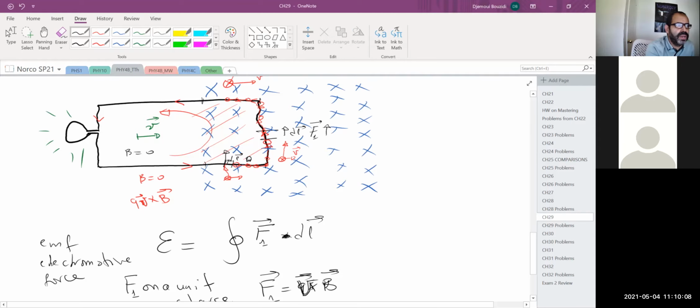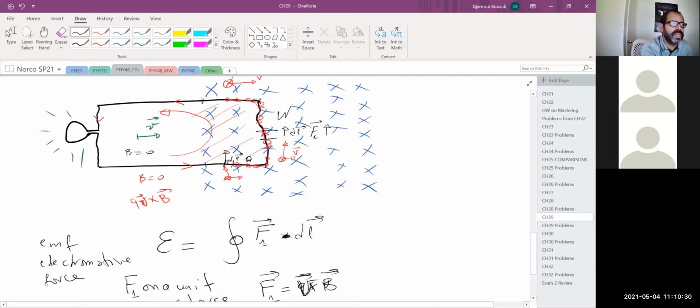So I have this force times this displacement, and that is going to be F dL. Even if it's jaggedy, the perpendicular contributions will cancel, and the only one that is going to stay positively contributing is the one in this direction.